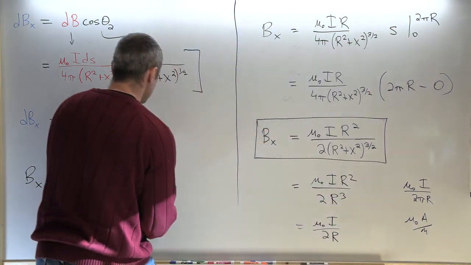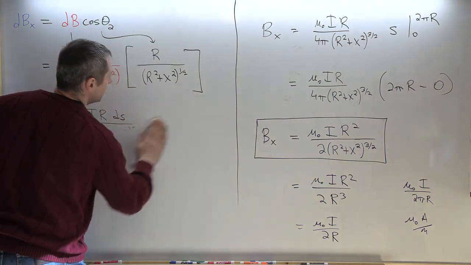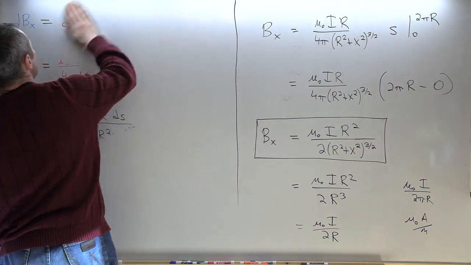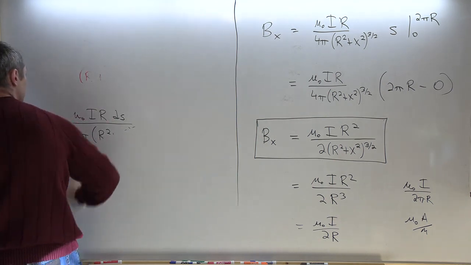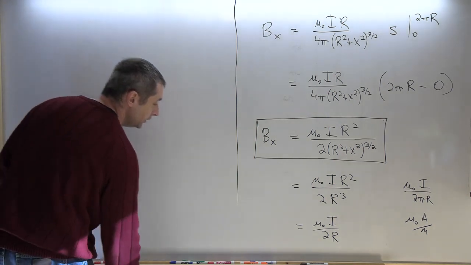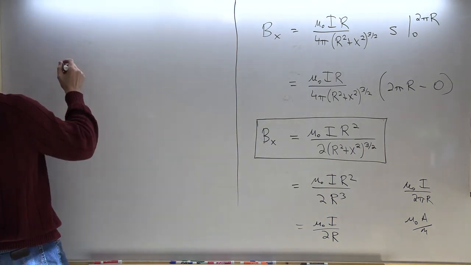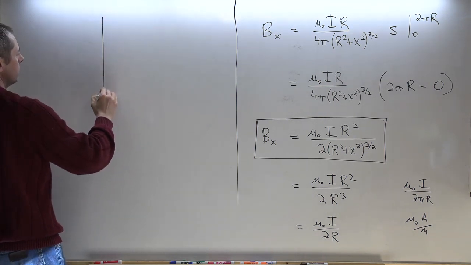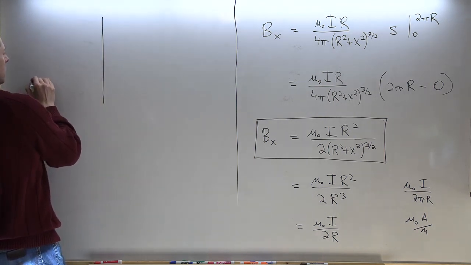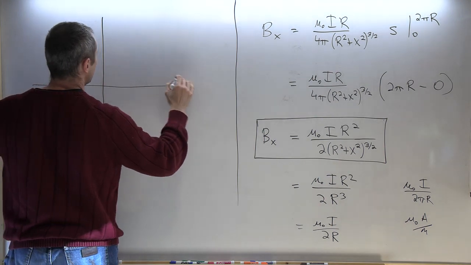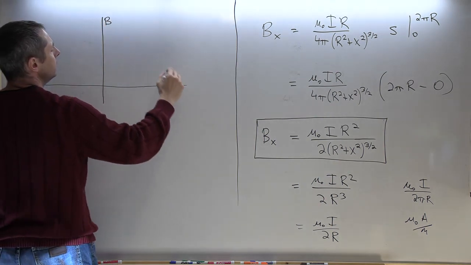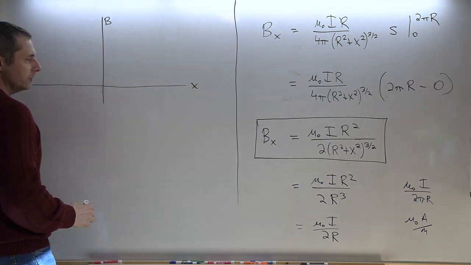So the last thing is sometimes you're required to sketch these functions, so it could be possible in this case too. This is the magnetic field. This is the x-axis.